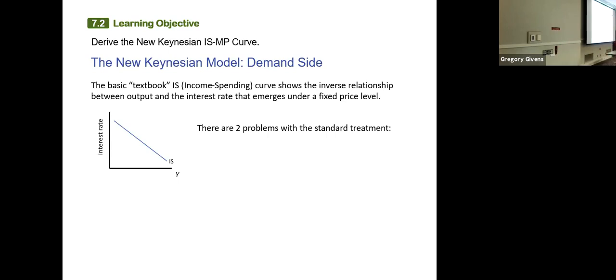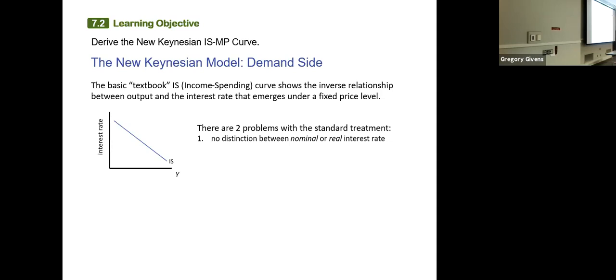The first problem with the traditional IS setup is that it doesn't really make any distinction between nominal and real interest rates. Why is that? The price level in the economy is assumed to be fixed in that model. If the price level is fixed, what's the inflation rate equal to?